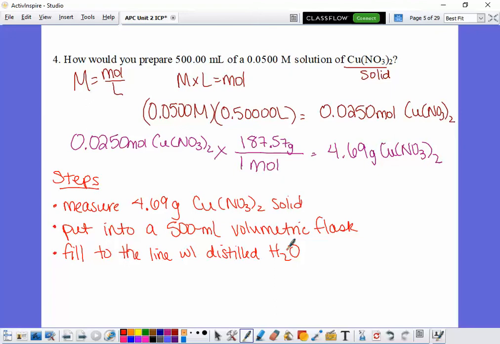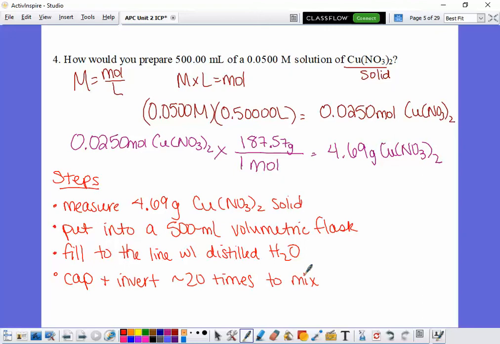And then you transfer it to another container. And there you have a 0.05 molar solution of copper nitrate and you have 500 milliliters of it.